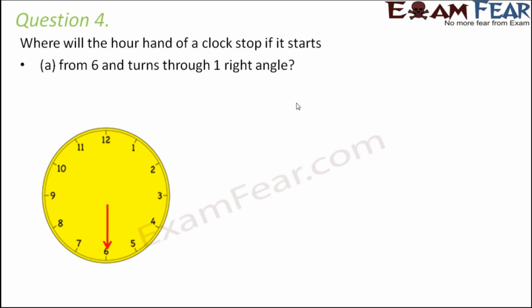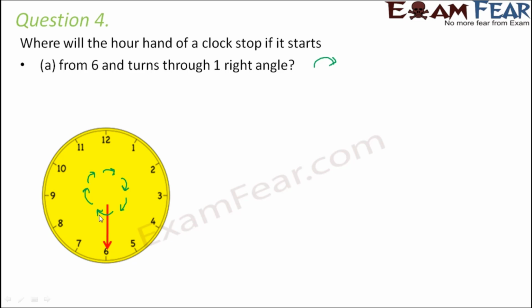Now can you tell me why it is not mentioned here whether it will turn clockwise or anti-clockwise? That's because it's a clock. A clock will always move in the clockwise direction, right? So this time it would move in the clockwise direction, which is this direction. So it will actually move like this. The rotation would always be like this, in this direction.